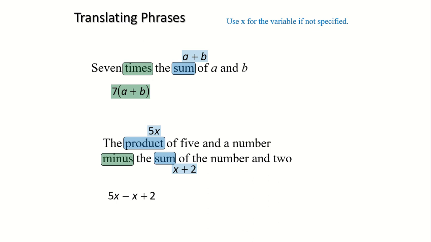Can we write this one as 5x minus x plus 2? The answer here is no. But instead, we could answer this one as 5x minus open parenthesis x plus 2 close parenthesis. It's very important to separate our terms using our parentheses.